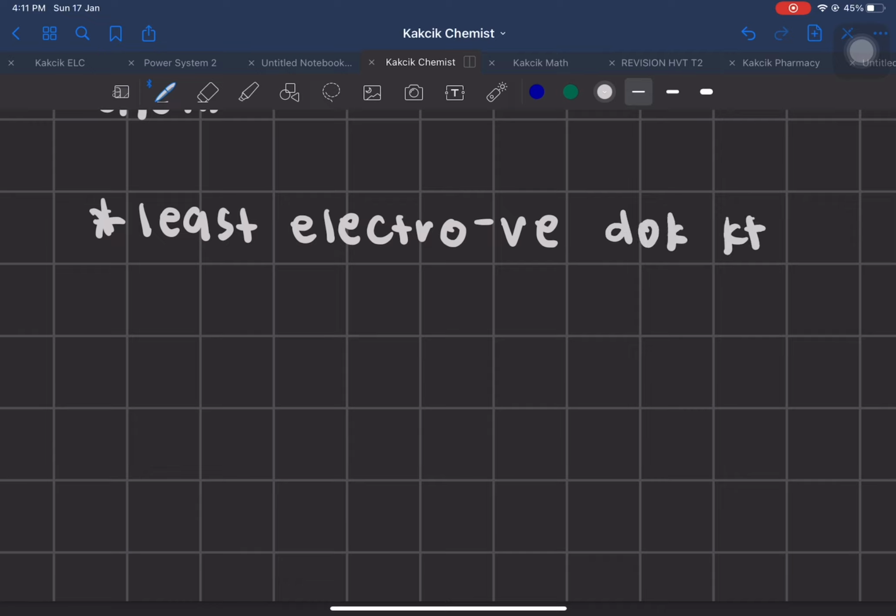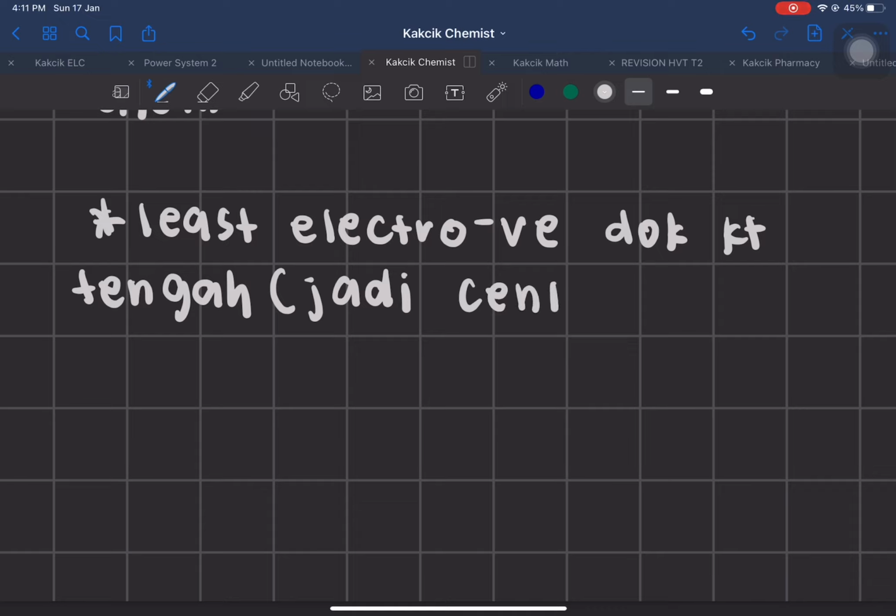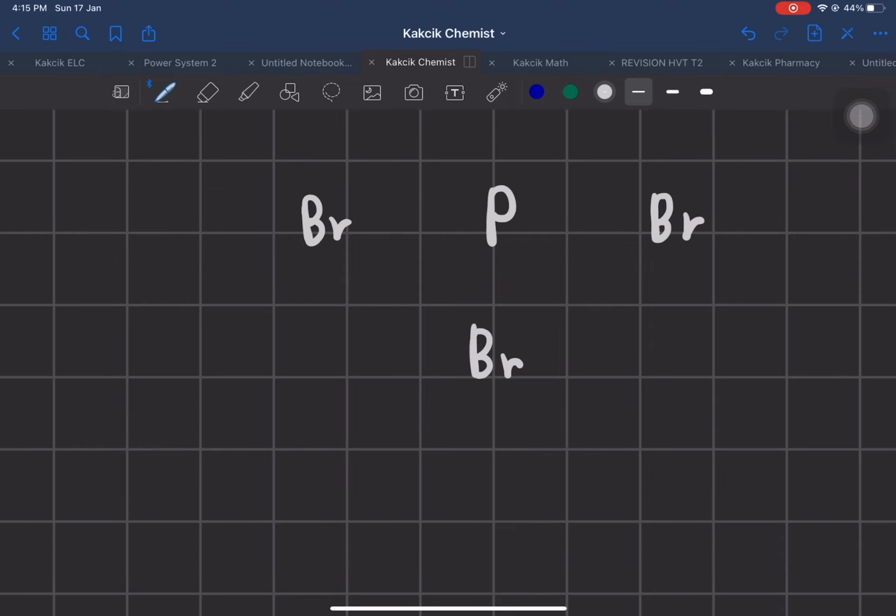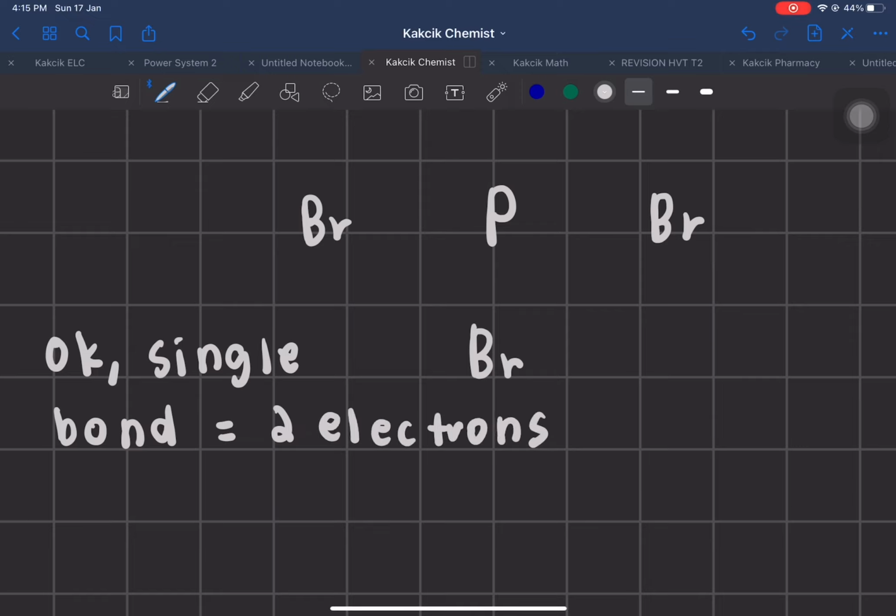So dekat sini Br lebih elektronegatif berbanding fosforus. Bromin lagi tinggi elektronegatif. Jadi fosforus akan jadi central atom sebab dia adalah atom yang least elektronegatif. Bila least elektronegatif, dia akan duduk dekat central atom. Okay, bila kita start melukis, P akan jadi central atom, yang Br tu akan duduk dekat tepi-tepi dia lah. Apa nama dia? I don't know what it calls. So duduk kat tepi lah.